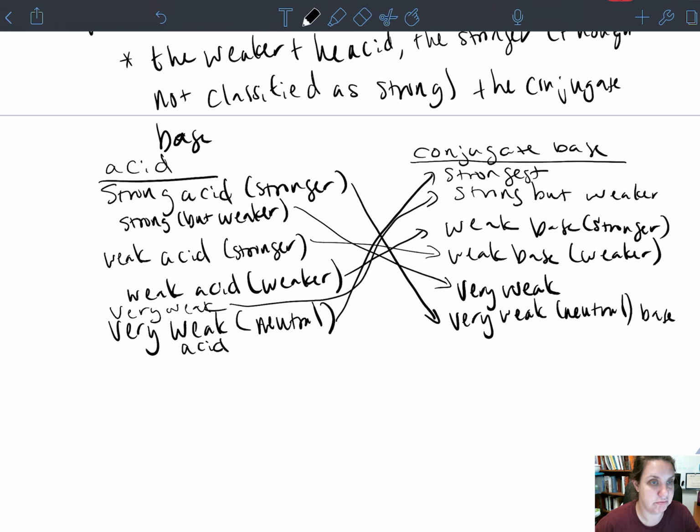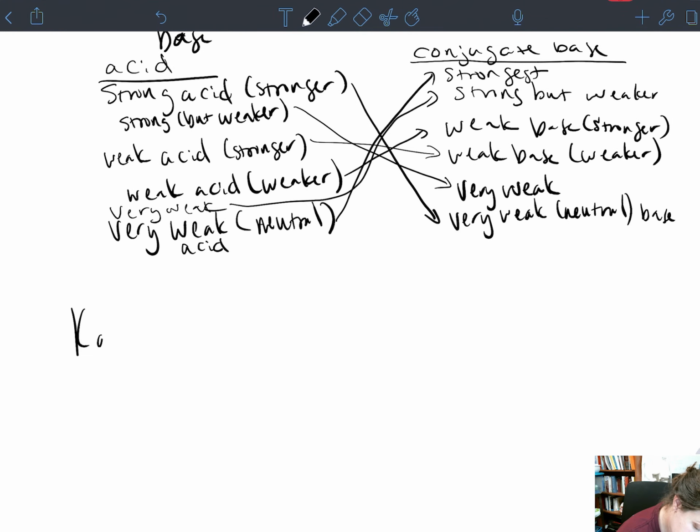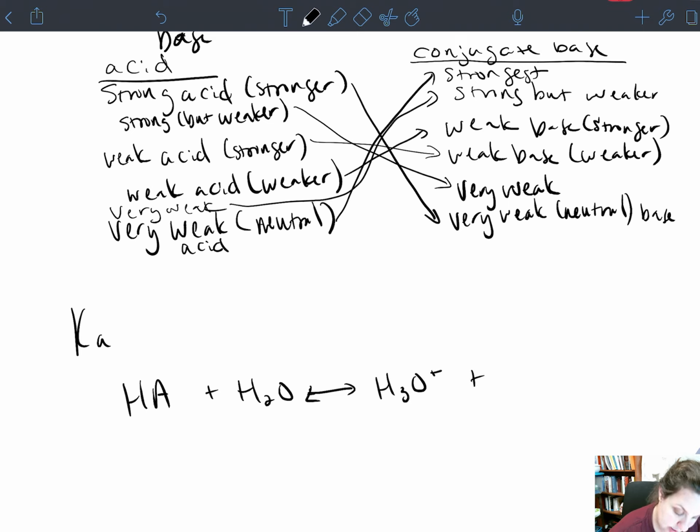So Ka. If we have a weak acid, it reacts with water. It's an equilibrium process producing hydronium and, sorry, hydronium and our anion.